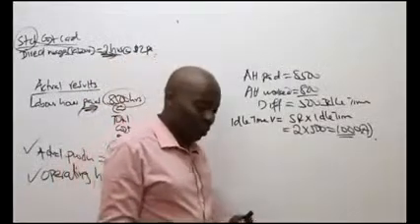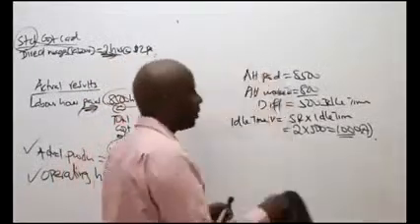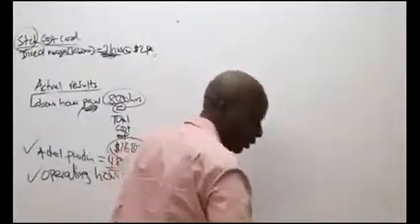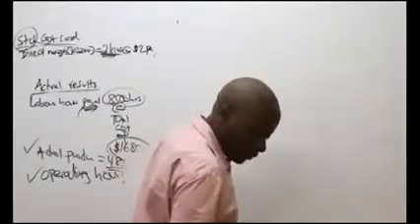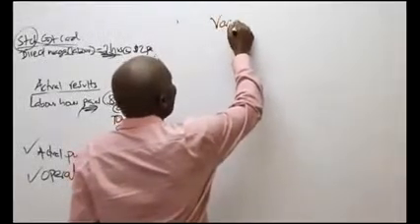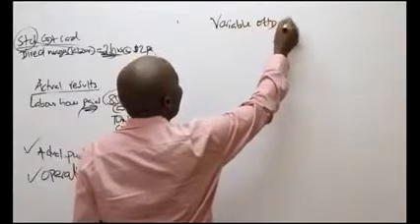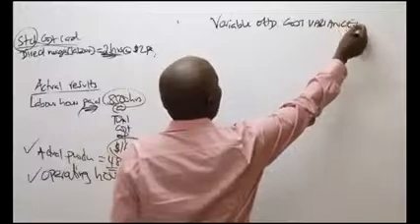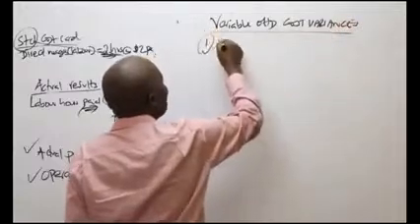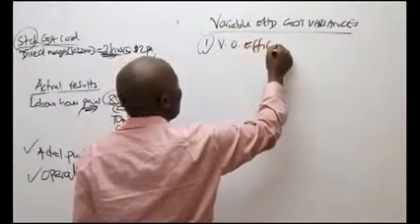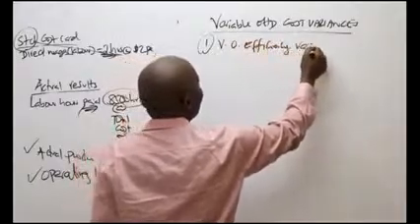So now we move straight away to the variable overhead cost variances. Variable overhead cost variances are two. Number one, we have the variable overhead efficiency variance.